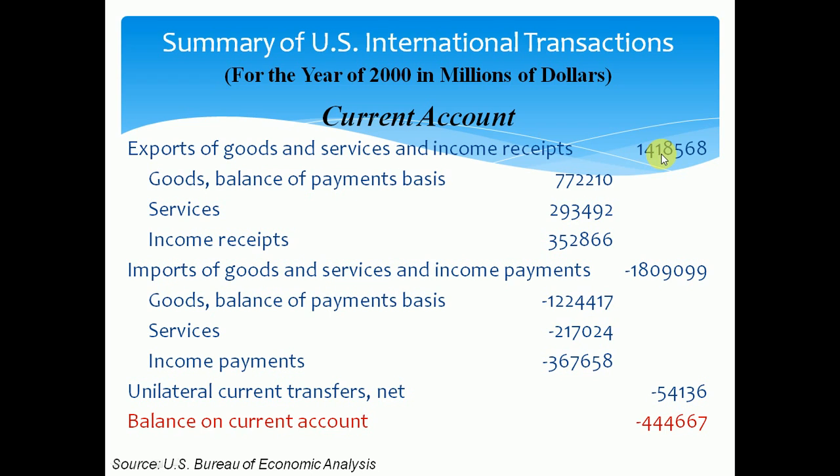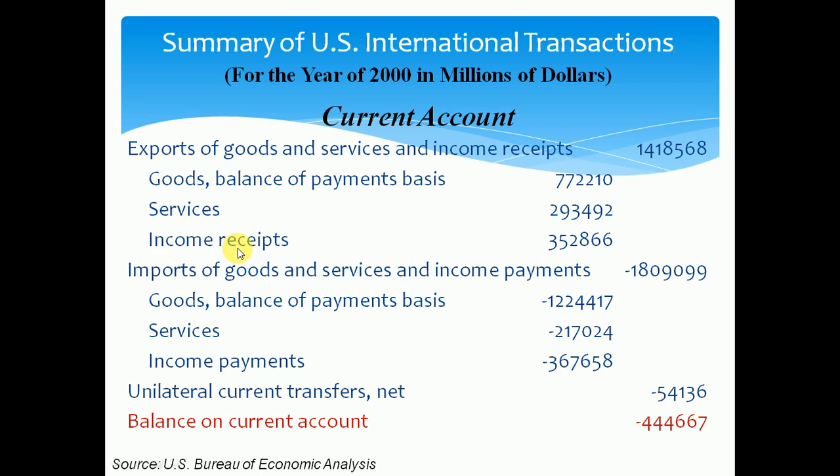14,18,568 million dollars. In this, for goods, on a balance of payments basis, we received 7,72,210. For export of goods we received this much money. For services we received 2,93,490.